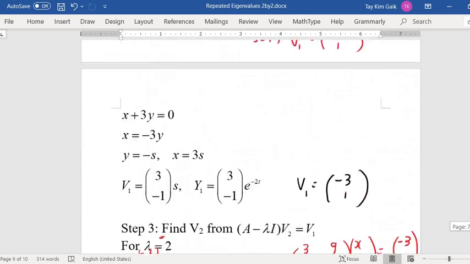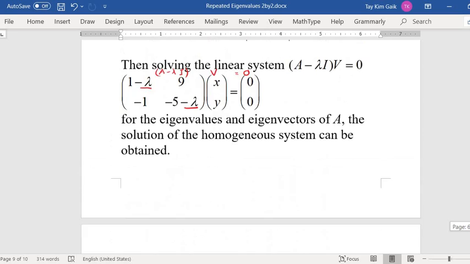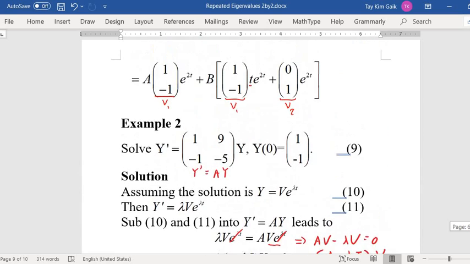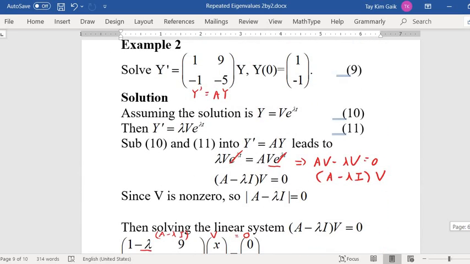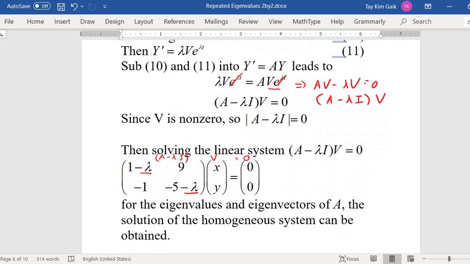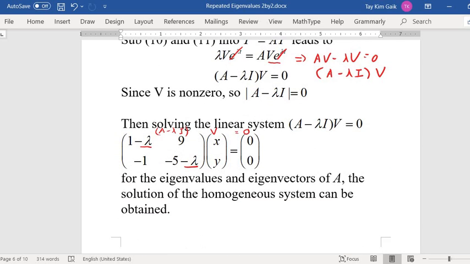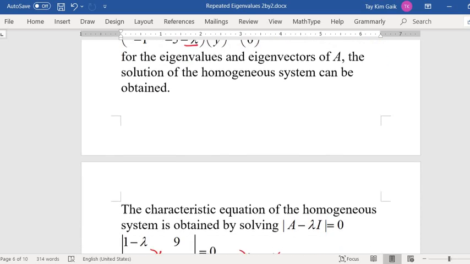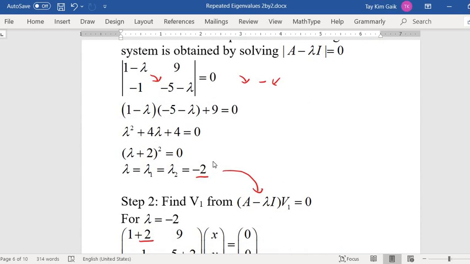This is a second example for repeated eigenvalue for a 2 by 2 homogeneous system. First step, we find the eigenvalue by letting the determinant of A minus lambda I equal to 0. In this case, we find two same eigenvalues.